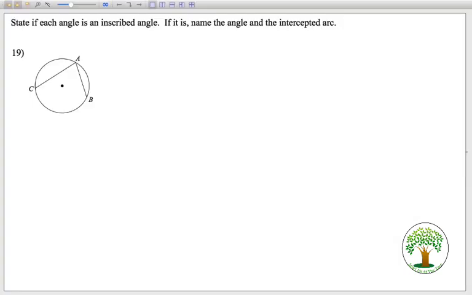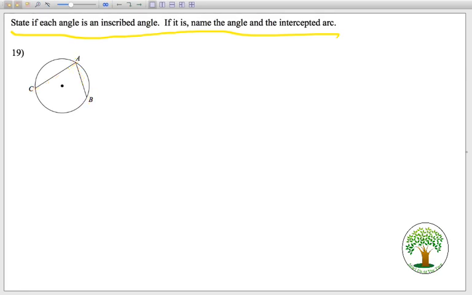Here's number 19. The instructions tell us, state if each angle is an inscribed angle. If it is, name the angle and the intercepted arc. The way we know if something is an inscribed angle is if the vertex is on the circle itself and the end points are there on the circle.